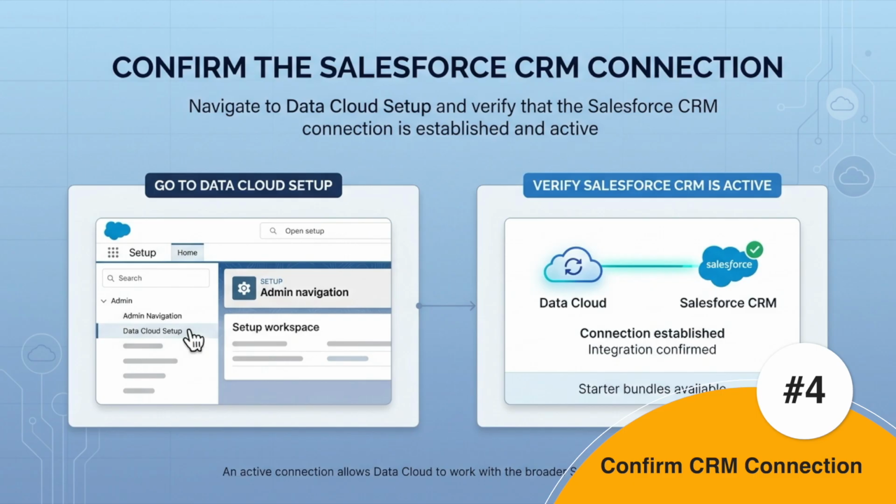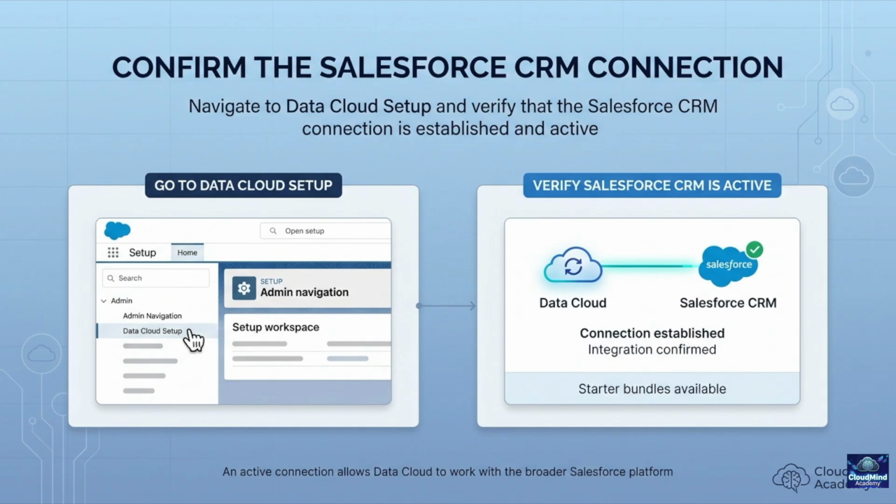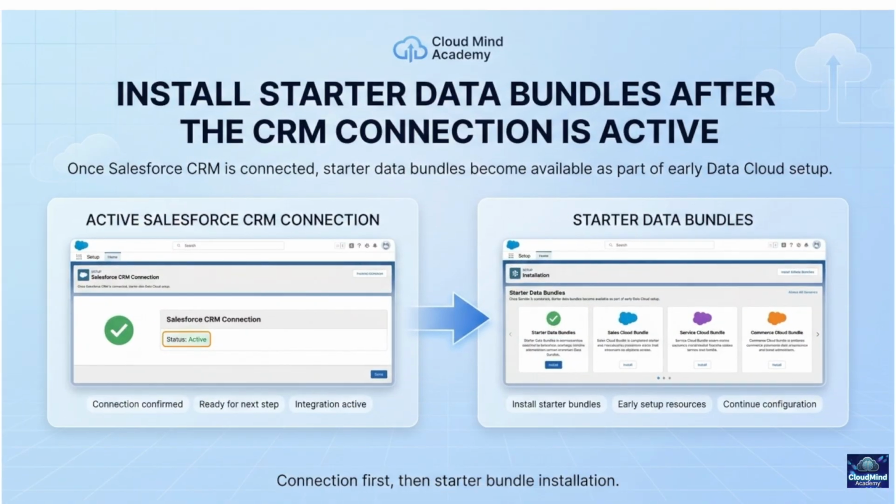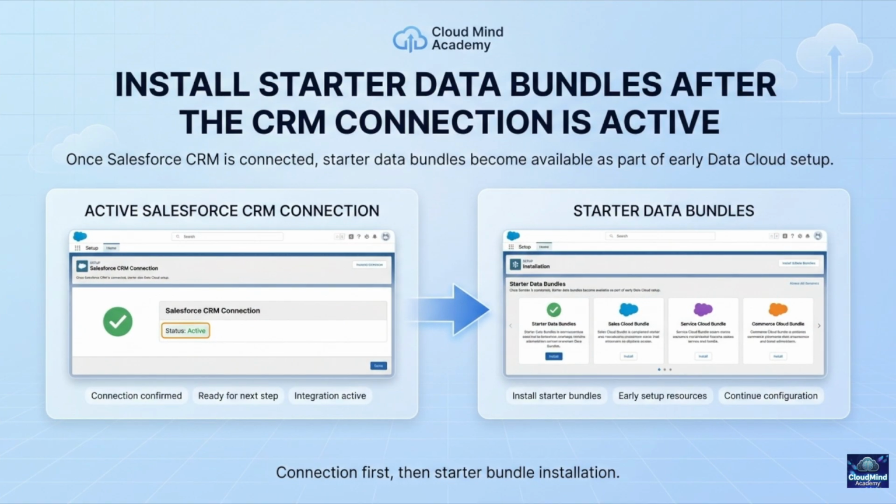Once Data 360 is available, the next step is to confirm the Salesforce CRM connection. This can be done by navigating to Data 360 Setup, then Salesforce CRM. If the Salesforce CRM connection is established and active, then Data 360 is connected properly to the core Salesforce environment. At that point, starter data bundles can also be installed.